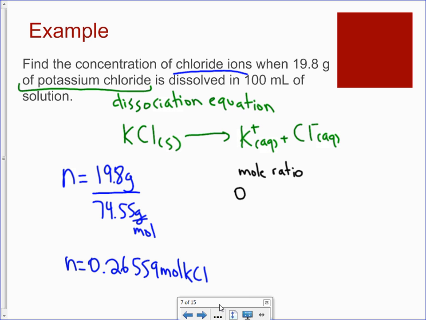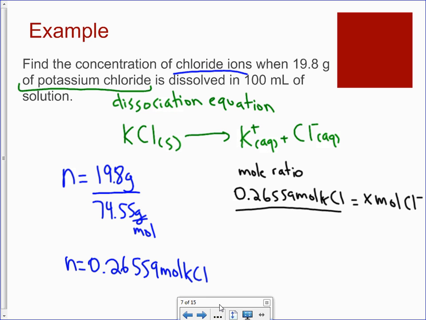So setting up our ratio, we know that we have 0.26559 moles of potassium chloride. And we're trying to figure out how many moles of chloride ions this will result in.